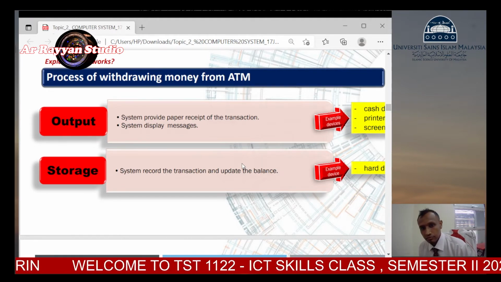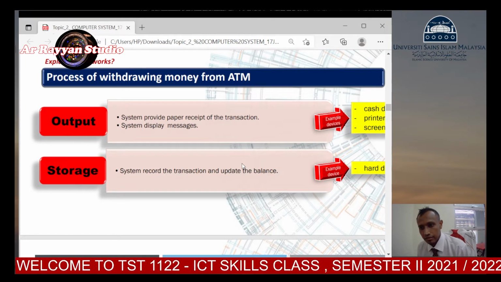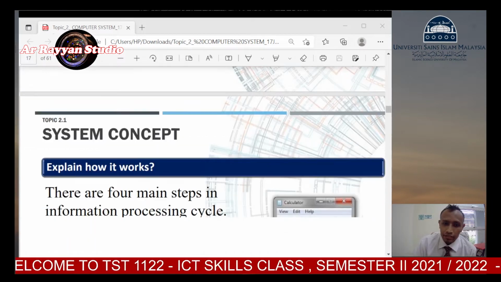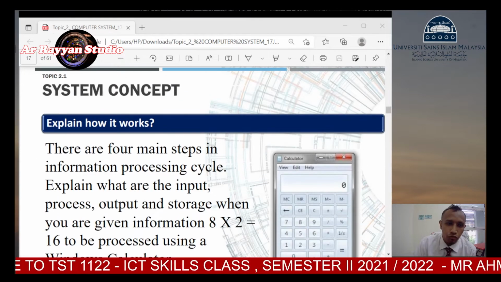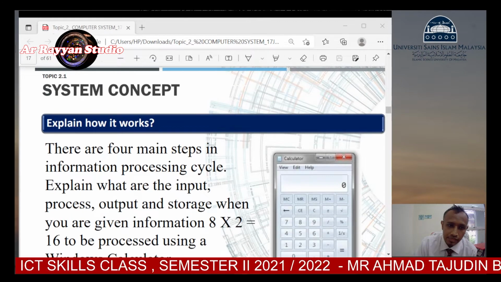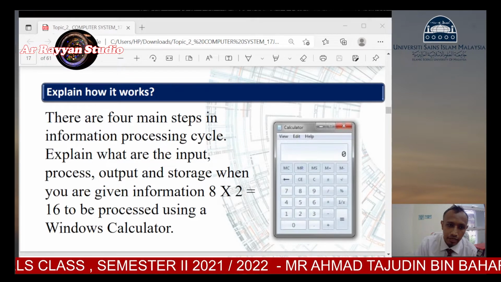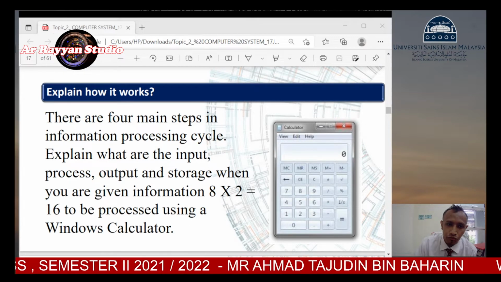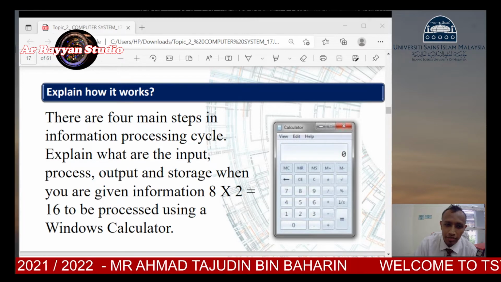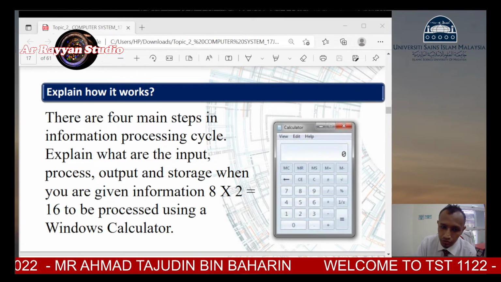Yes. Alright, so next we go for the next example. Alright, explain how it works. Right, there are 4 main steps in information process cycle. Explain what are the input, process, output, and storage.